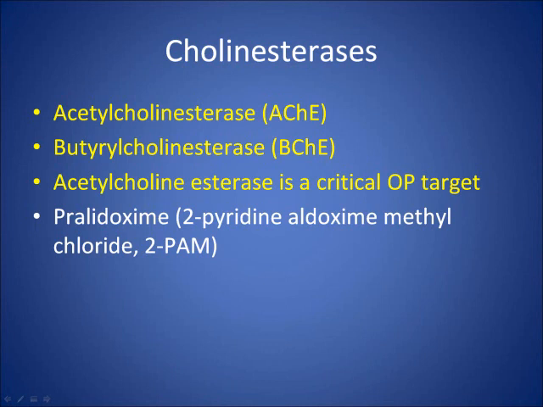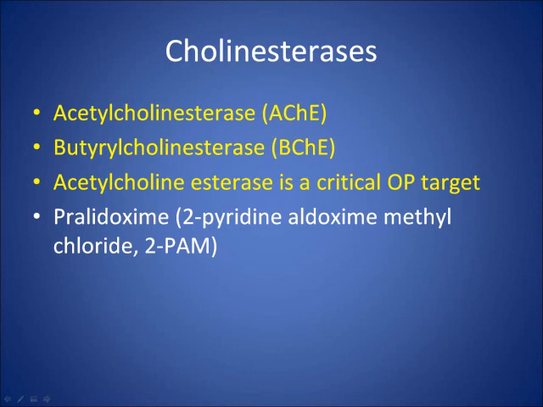This is because of this enzyme's key role in regulating the nervous system and muscular activity. One could look at the soluble carboxylesterases and the butyrylcholine esterase, which are both in the blood, as molecular decoys that may divert some organophosphate toxicants and minimize inactivation of acetylcholine esterase.